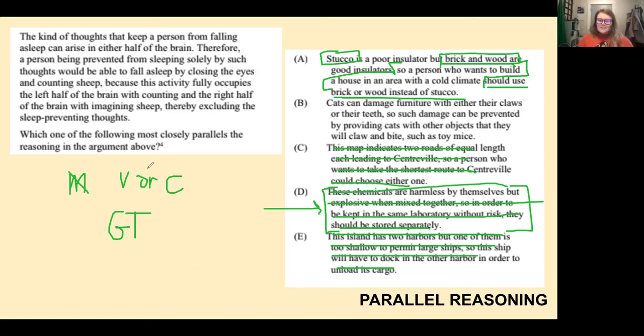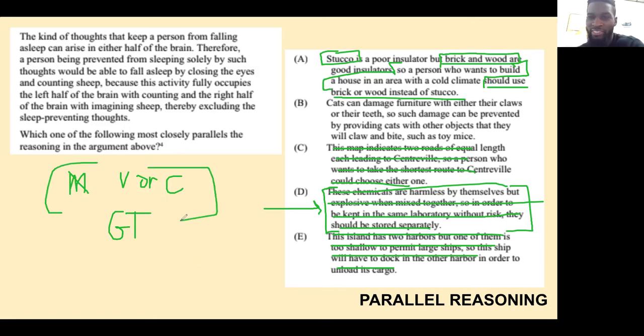We said mint ice cream sucks, vanilla or chocolate flavors are good. So if you want to have good taste, what do we need to say about these variables to follow A's argument structure? You should use vanilla or chocolate ice cream instead of mint.